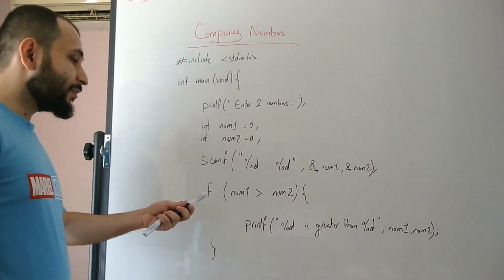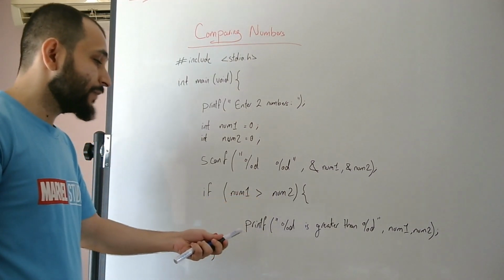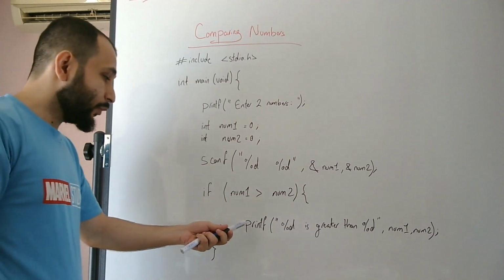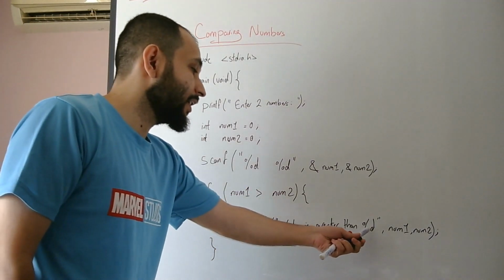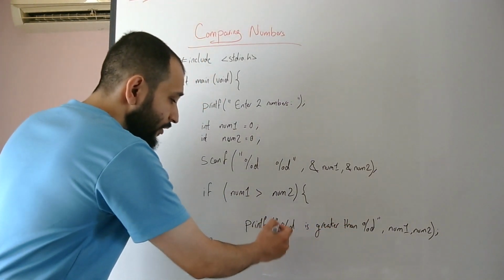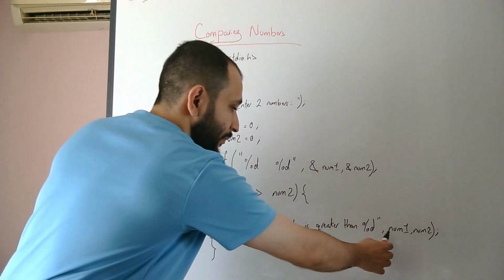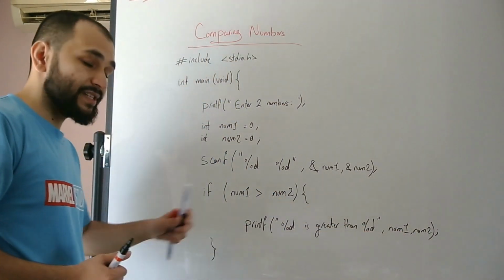So here in this if block, we are checking if num1 is greater than num2, and if that is correct, we are telling the user that num1 is greater than num2, and these conversion specifiers are going to be replaced by the two arguments that we have provided in the printf statement.